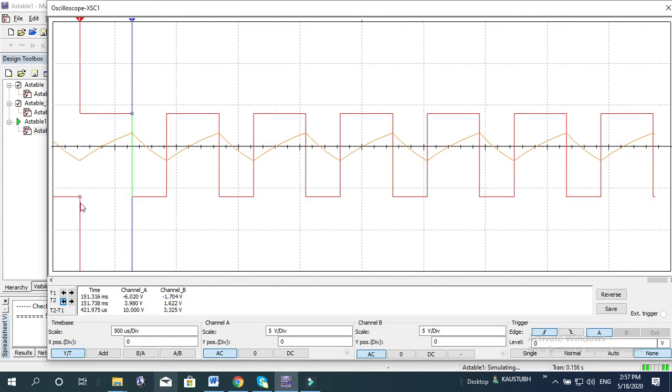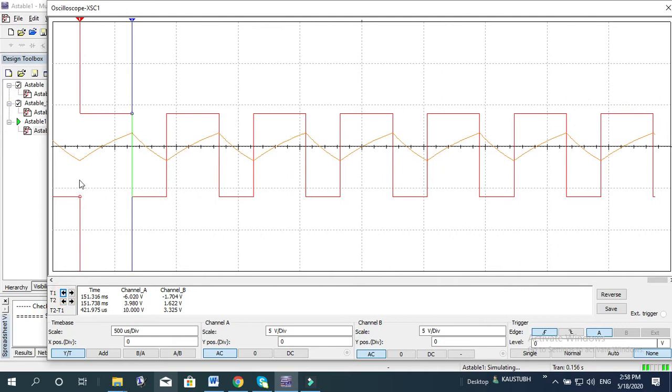That means it is -6, so upward it will be less than, yeah. So if I put it here, yes, it is 3.9 volt.